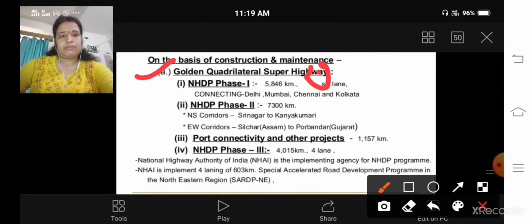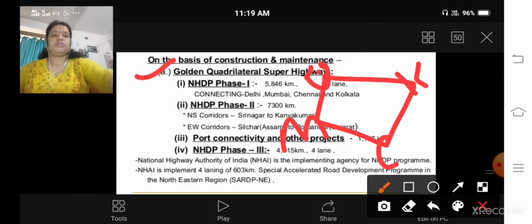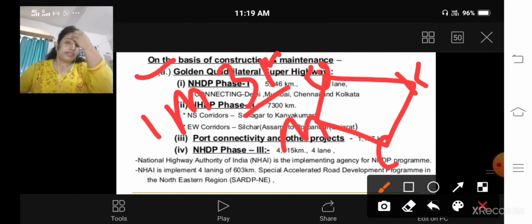First one you have to remember D, M, C, K. Again this is an important question for 1 mark and 3 marks. For 3 marks they ask to write about the golden quadrilateral super highways, and for 1 mark they ask in a multiple choice question. The question will be like this: the golden quadrilateral connects the cities Delhi, Mumbai, Chennai, Kolkata.